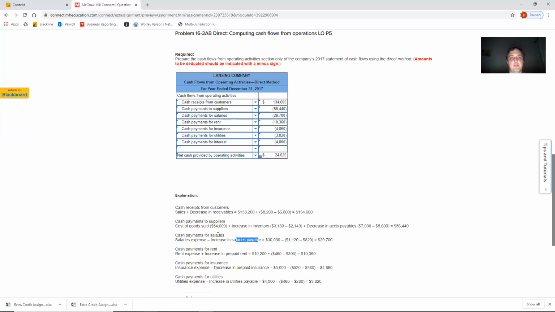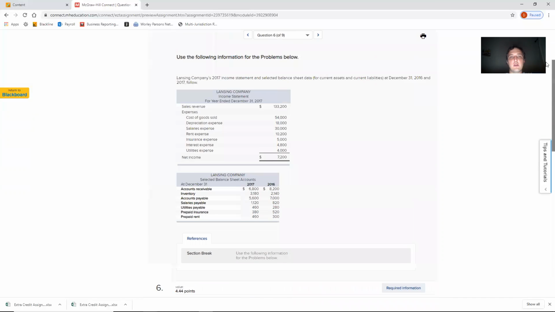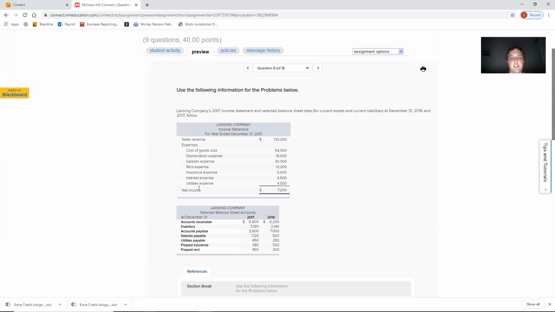You're just matching those up. Same thing, you're matching up the income statement account with the change in the asset account. Going through each of those, and they only talk about operating activities here. So it's just matching up what the income statement account is to what current asset account it impacts.